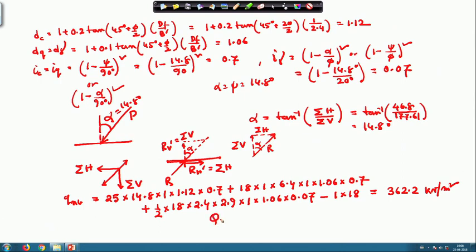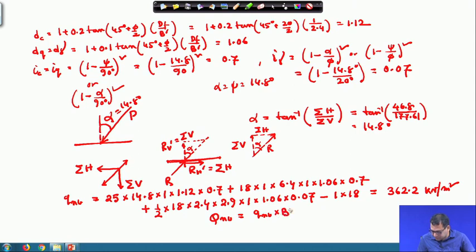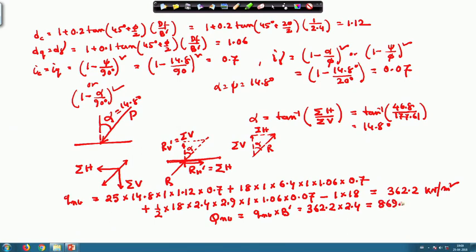Now, the total force Q net ultimate will be equal to Q net ultimate into B dash. So, this is 362.2 into 2.4, that will be equal to 869.3 kilonewton per meter. Okay.